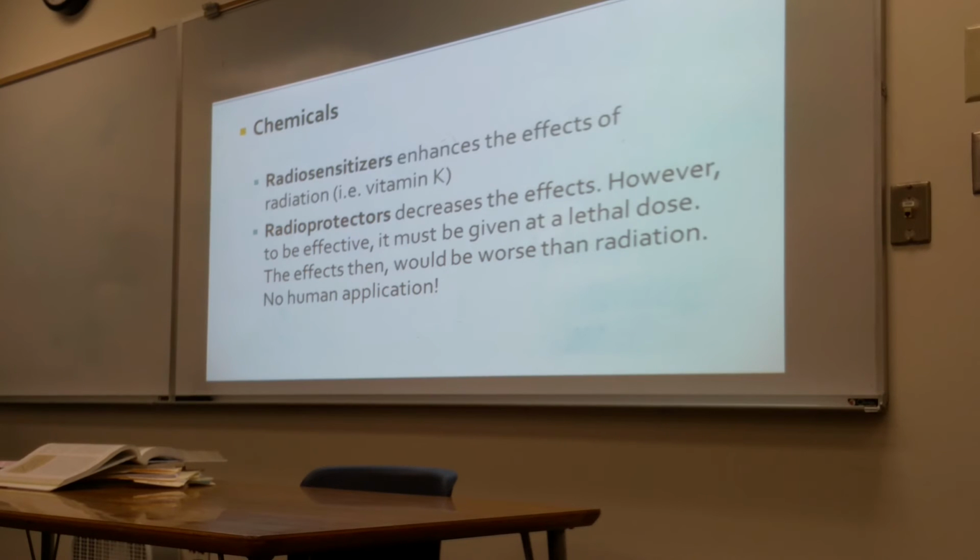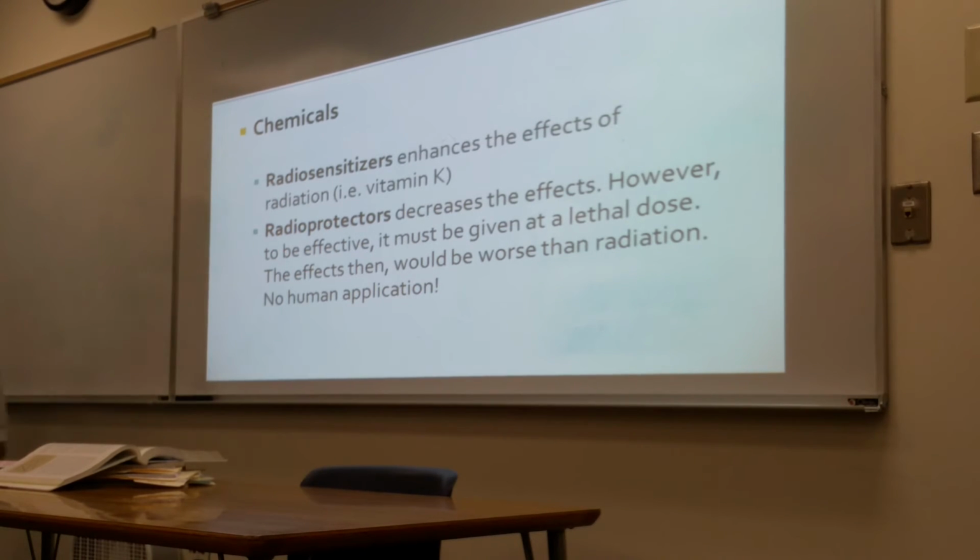Other factors that influence radiation exposure are the use of chemicals. You've got 2 different types of chemicals. You've got radiosensitizers, which enhance the effect of radiation, like vitamin K. When vitamin K is injected systemically, your body becomes more sensitive to radiation, so you don't have to use as much radiation.